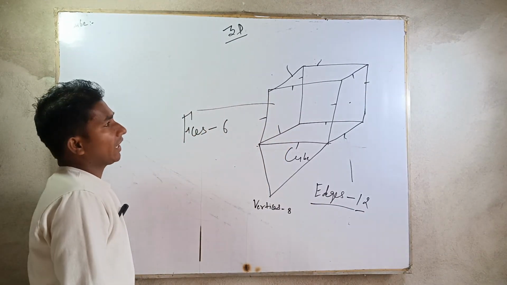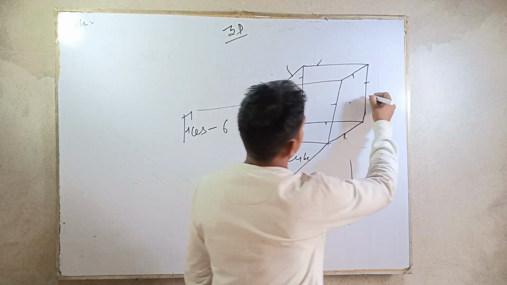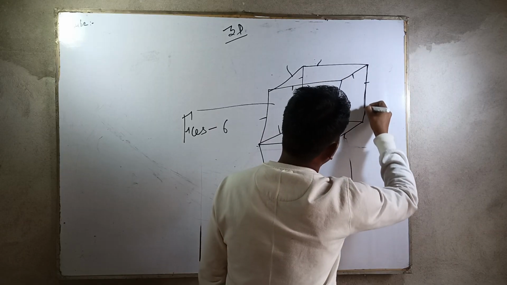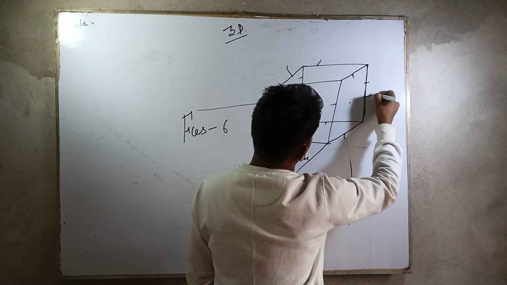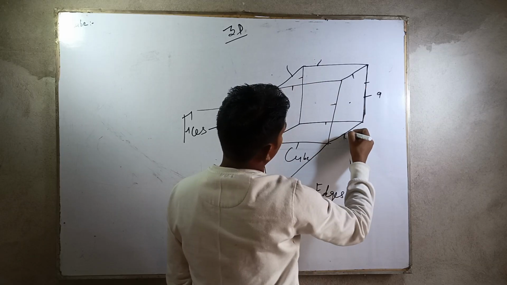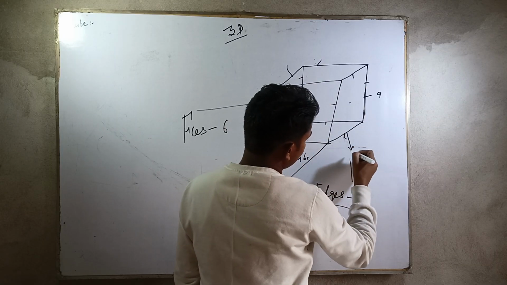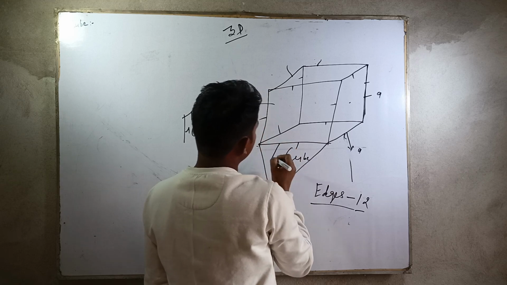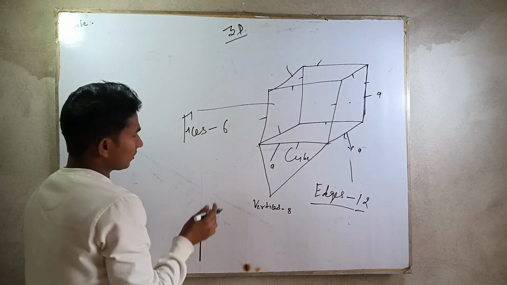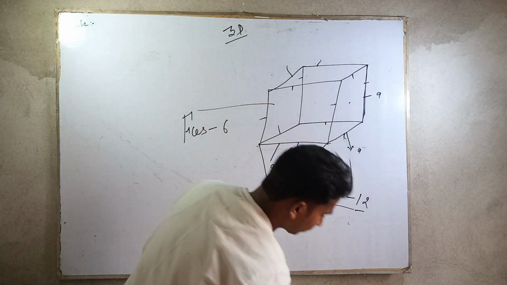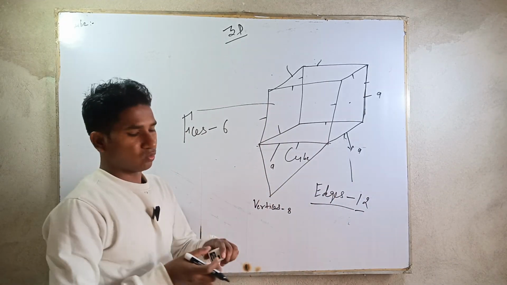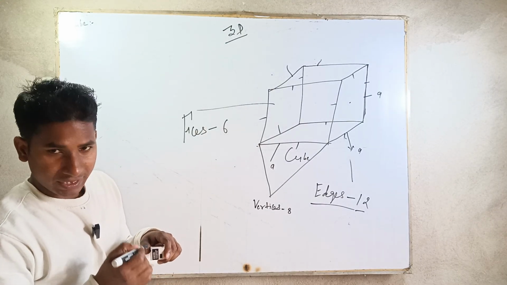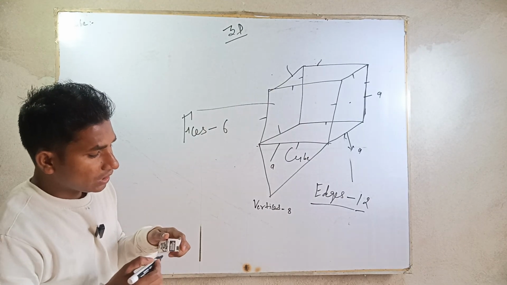Now each and every height is the same. Suppose this one is the height, then it is also a, and its breadth is also a, and its length is also a. Suppose this one is the breadth, this one is the height, and this one is the length.